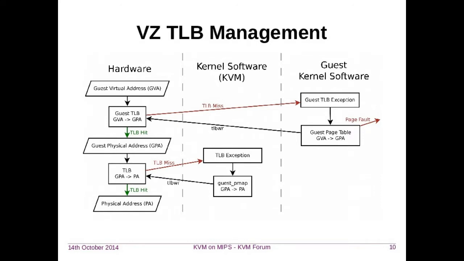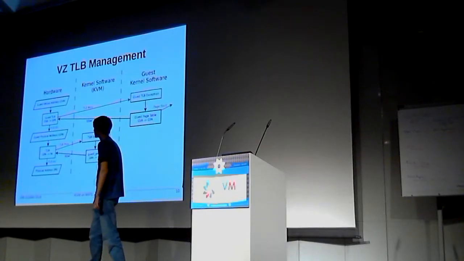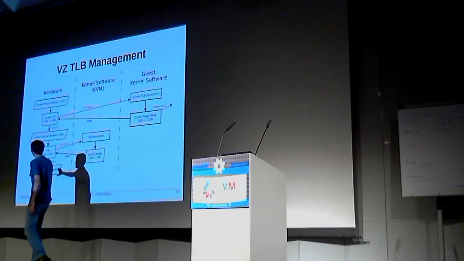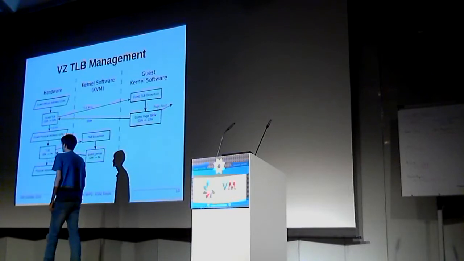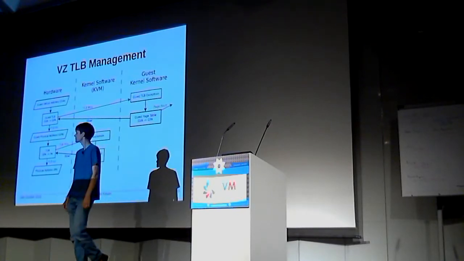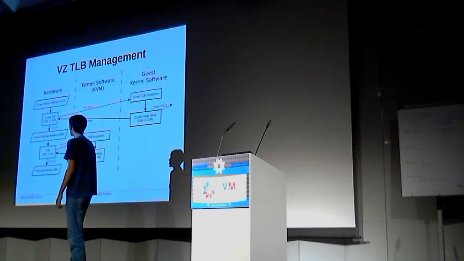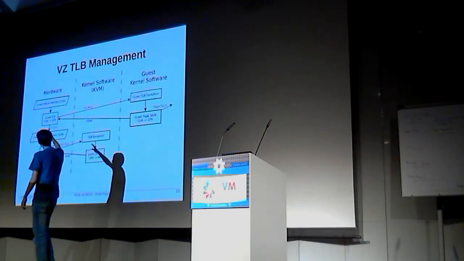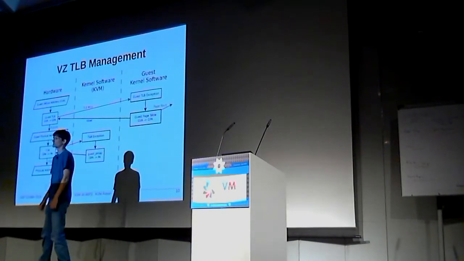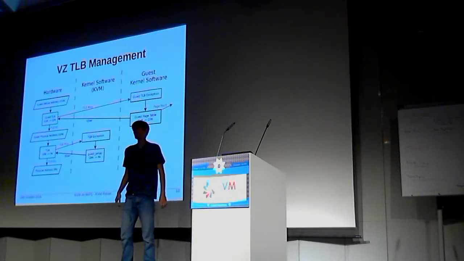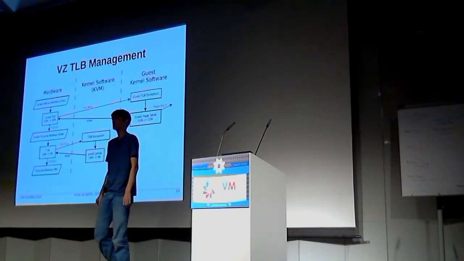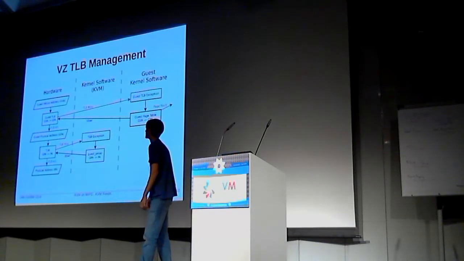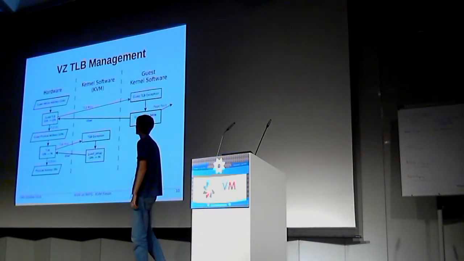VZ moves a lot of this into the hardware. So you've still got the same TLB. However, it's now used just for the guest physical to host physical address. You've also got a guest TLB, which, like the rest of the coprocessor 0 state for the guest, is directly accessible while in guest mode without any traps to the hypervisor.